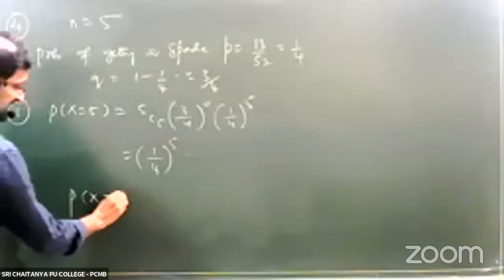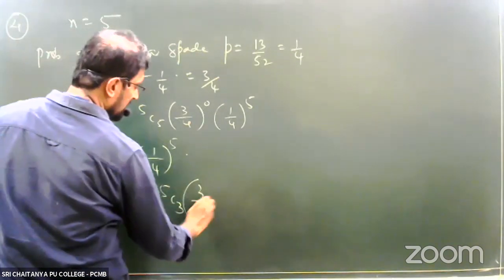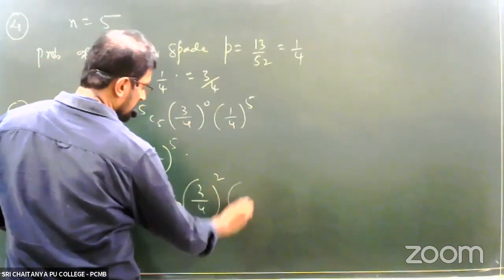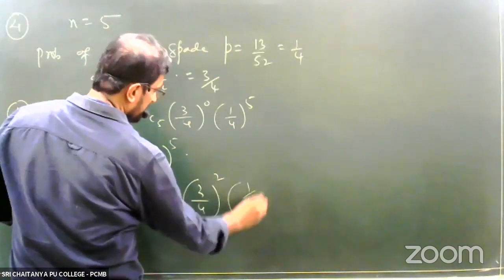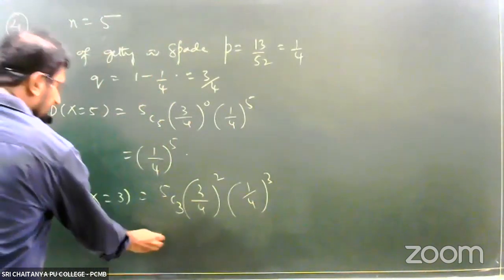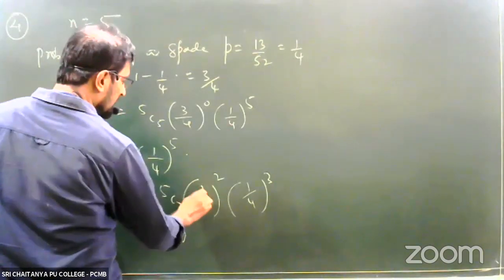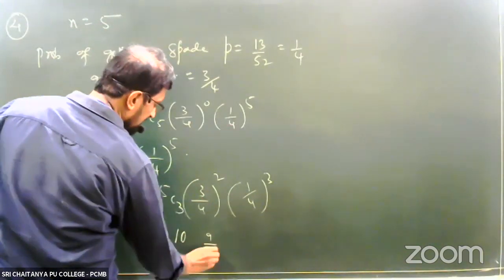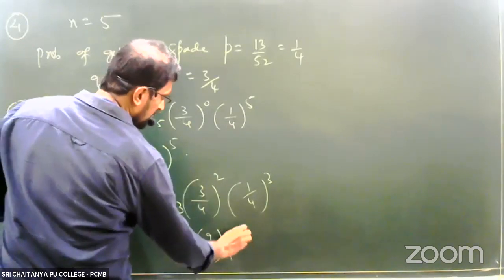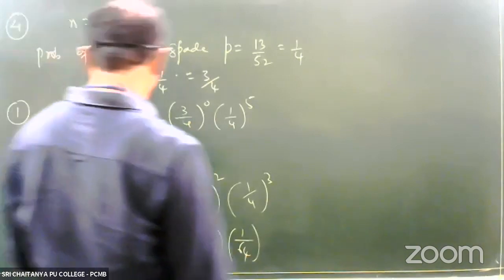P of x is equal to 3, 5c3 into 3 by 4 to the power of 2 into 1 by 4 to the power of 3. Simplifying this, 5c3 value is equal to 10 into 9 by 16 into 1 by 64. Simplifying this, you are going to get the answer, right?